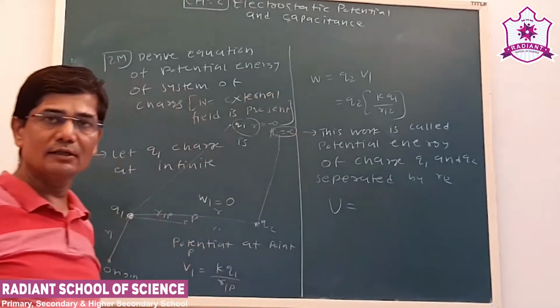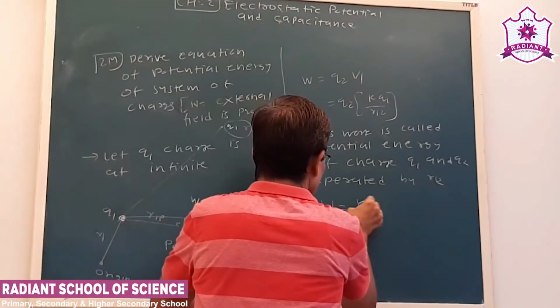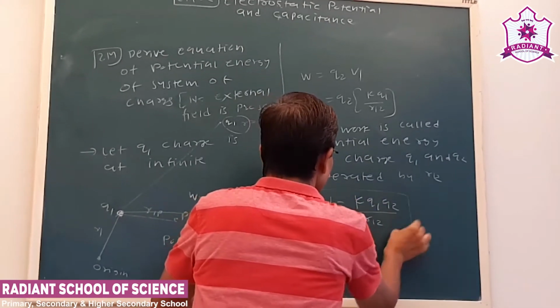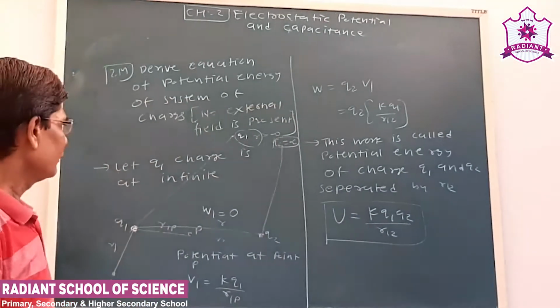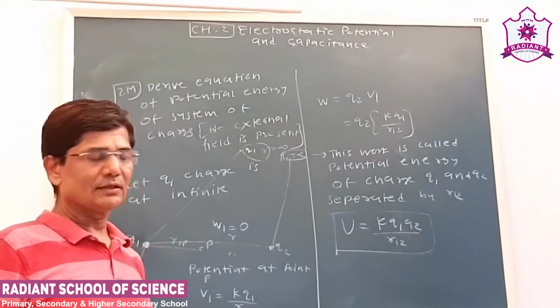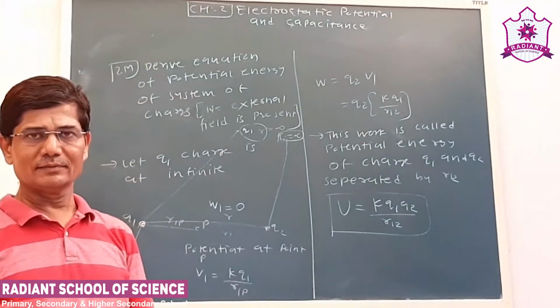Now we know that generally the potential energy symbol is U, so U is equal to KQ1Q2 upon r12. Right now we have talked of 2 point charges.